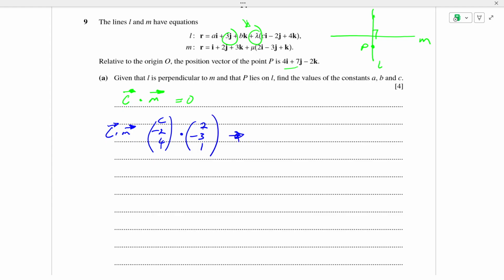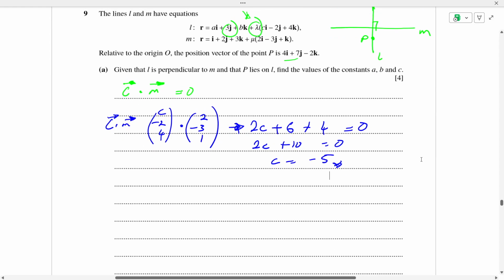Then the scalar product for those two is 2 multiplied by C, that's 2C, and then -2 multiplied by -3, that's +6, and 4 times 1, that's +4. We know that it's equal to 0. So we have 2C plus 10 is equal to 0. Then we have C is equal to -5. Okay, so that's our first value.